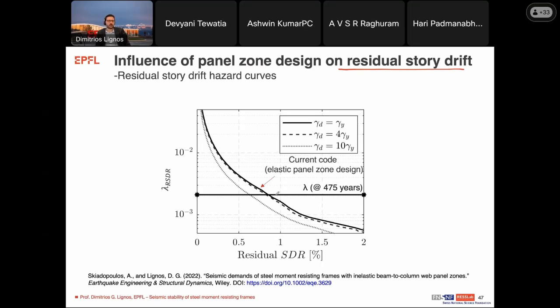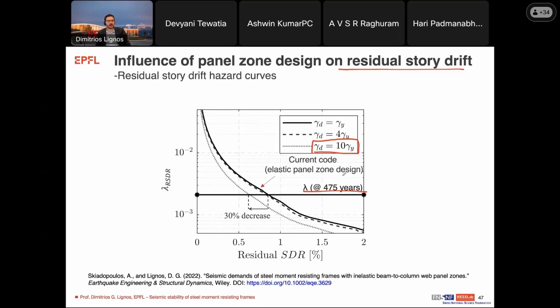And here you see that if we compare for a design level earthquake what would be the annual rate of having residual deformations that could be potentially problematic for demolition, when the panel zone experiences about 10 gamma Y in elastic shear distortion, you can get a reduction on the residual story drift of about 30% relative to pretty much the conventional design that we do today that more or less anticipates elastic panel zone behavior.